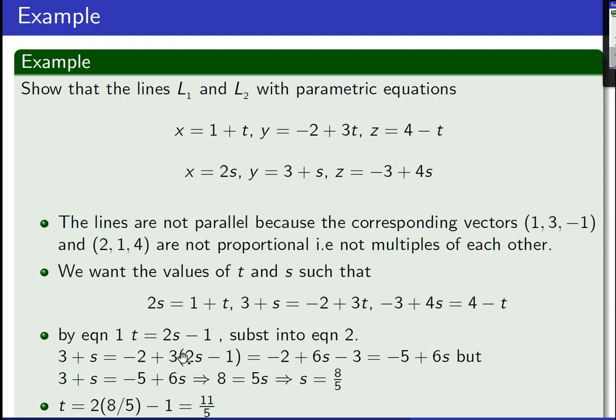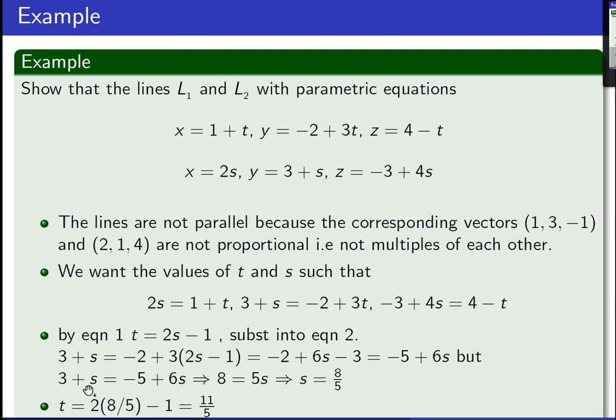So we substitute the first equation into the second equation. The second equation is 3 + s = -2 + 3t, and 3t is just 6s - 3. So we get -2 + 6s - 3, which equals -5 + 6s.